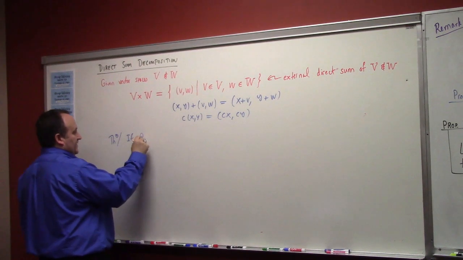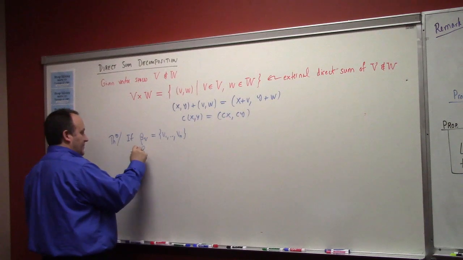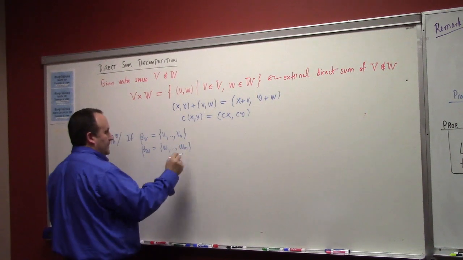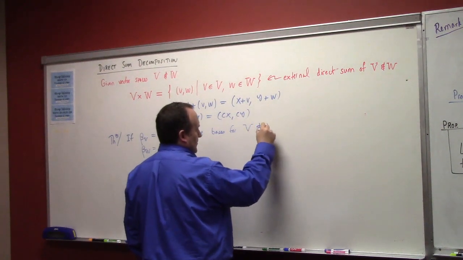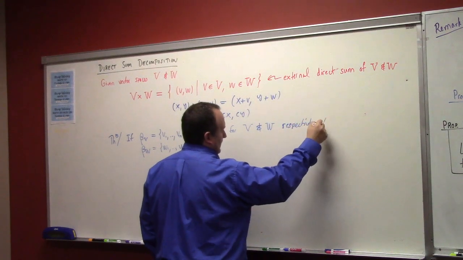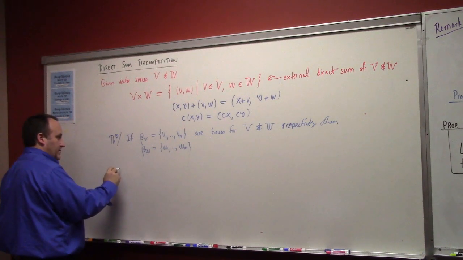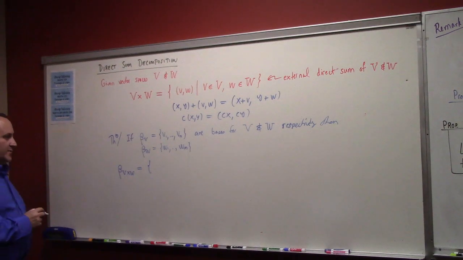If beta V equals v1, dot dot dot, vn, and beta W equals w1, dot dot dot, wm, are bases for V and W respectively, then beta for V cross W equals what? How can we form a basis for V cross W?